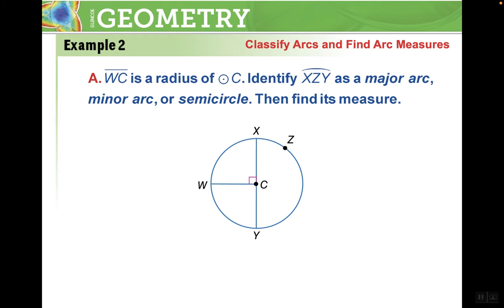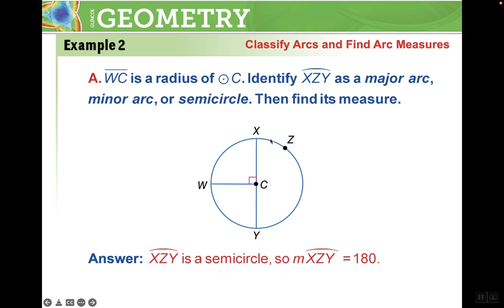Okay, so this is just classifying whether it's a major arc, minor arc, or semicircle, and then finding its measure. Well, they want arc XZY, so that's this side right here, and it's a semicircle, so it's going to be 180 degrees.